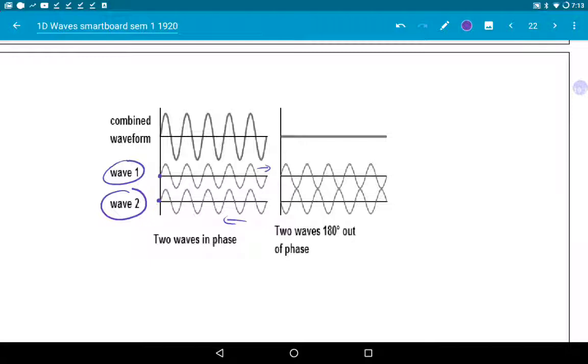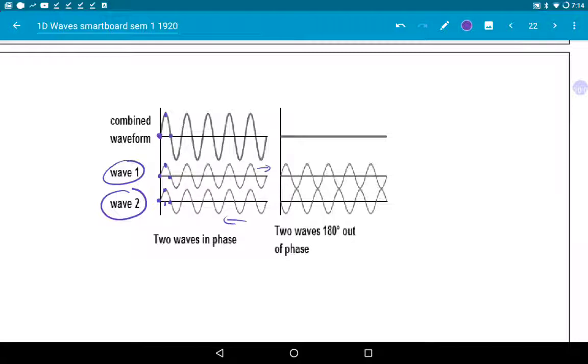So they're both at rest, so the resulting wave will definitely be at rest. Let's take this point here. Well, that's maximum amplitude, that's maximum amplitude. So because they're both positive and they're both at their maximum, you will get complete constructive interference. And you look here, oh, that's at rest, so this will be at rest.